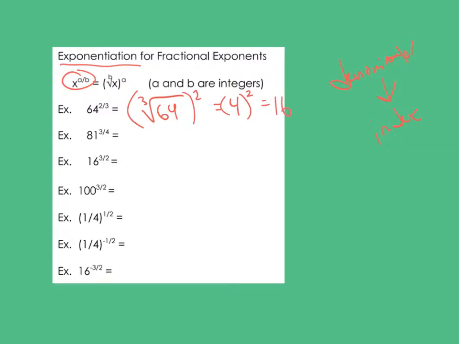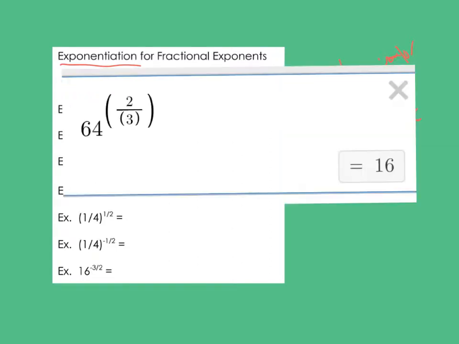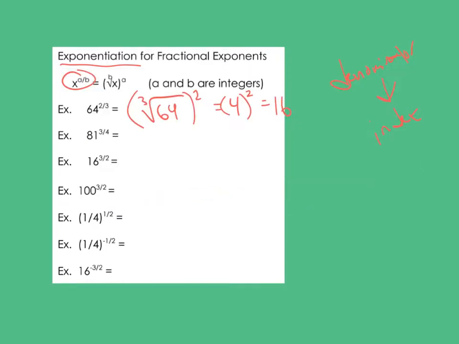So 64 to the 2/3 is 16. Just for the record, I could use my calculator to check my answer and notice that we do have 64 raised to the 2/3 power is 16, right? But we want to be able to do this without a calculator, so let's keep going.